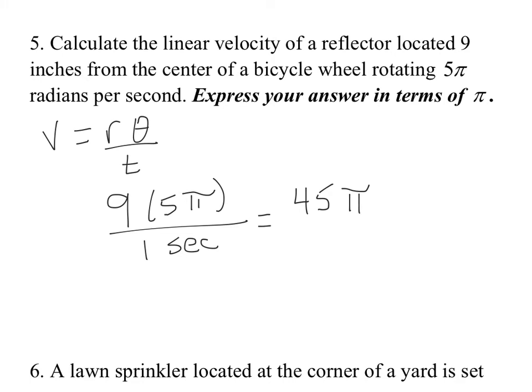And this is feet because we are, oh, I'm sorry, inches. It's not feet, it's inches. So this answer is in inches. So it's 45 pi inches per second. And that's all you have to do. Do not multiply your answer or multiply your problem by pi. We want to keep our answer in terms of pi.